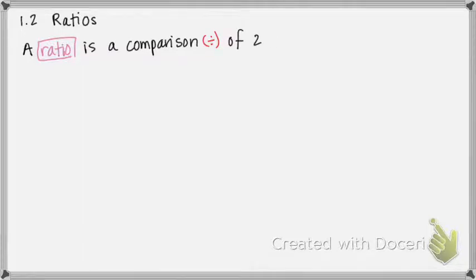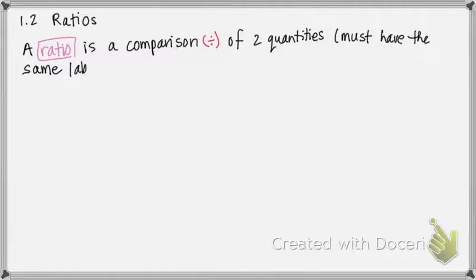And they must have the same label. If they aren't the same label, then it's not a ratio. It would be a rate, and we'll talk about that in our next set of notes.